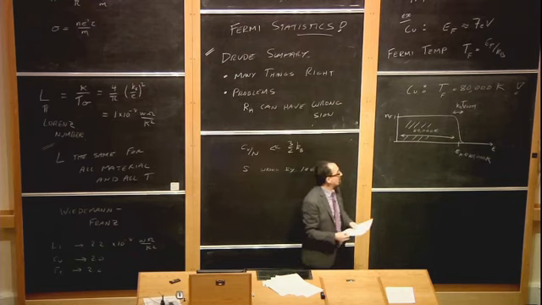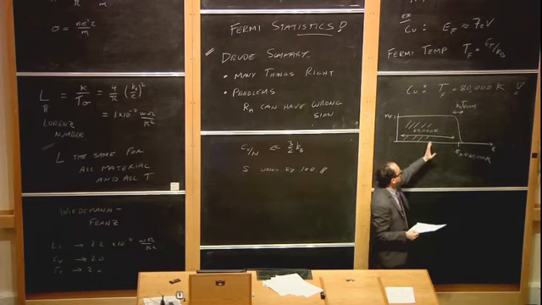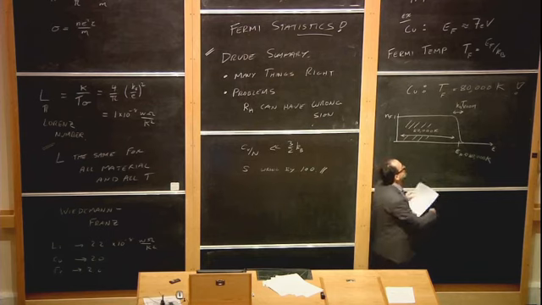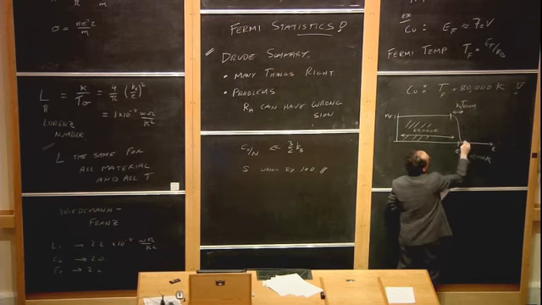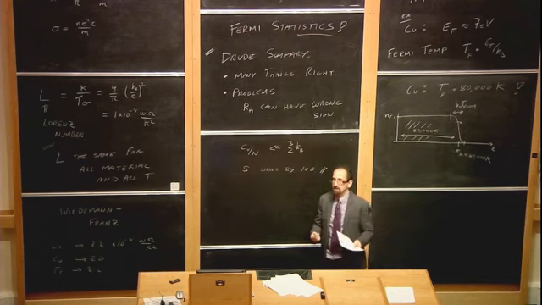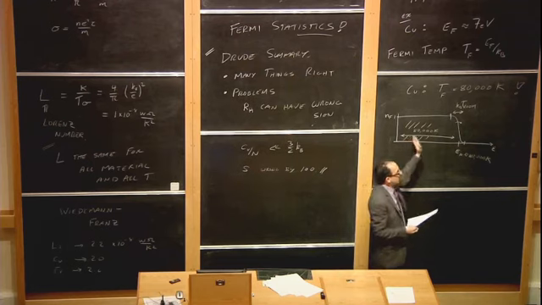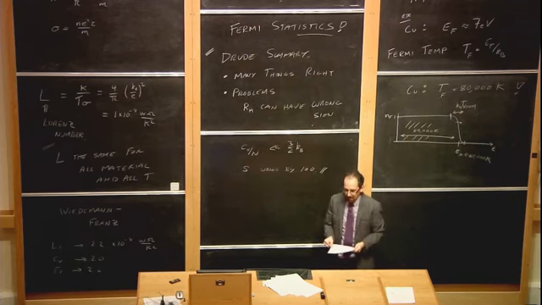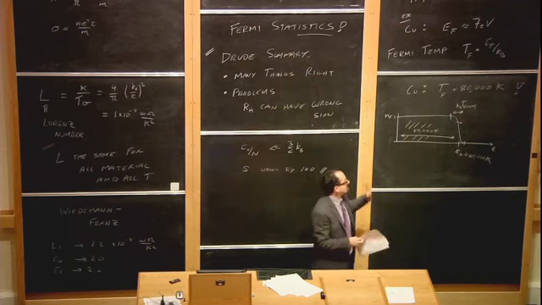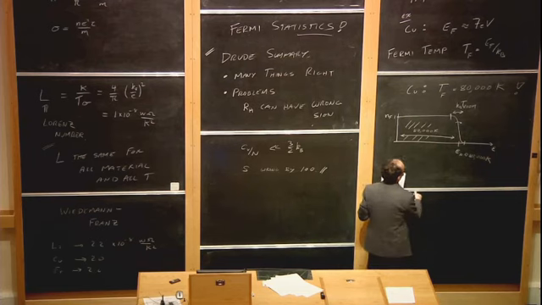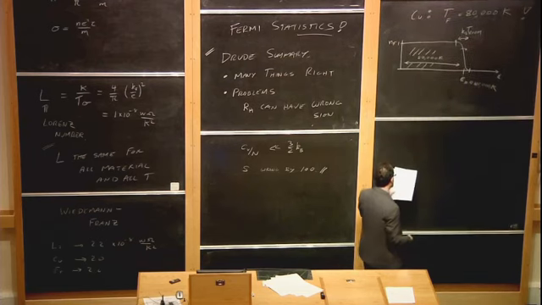There's nowhere for them to go. They're completely frozen. They can't absorb any energy at all. The only things that can absorb energy are the things close to the Fermi surface, where they can jump above the Fermi surface and absorb energy, because there's an empty state there for them to go into. If there's no empty state to go into, there's no way they can absorb any energy at all. So that gives us a hint as to why the heat capacity is so low.